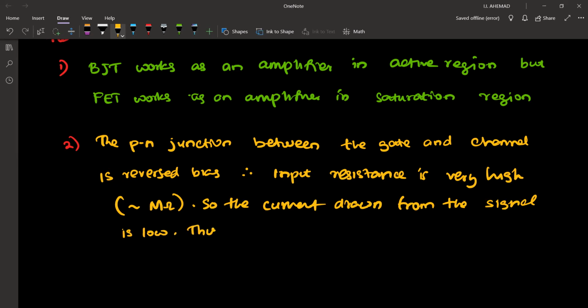Thus, JFET is suitable for amplification of weak signal.